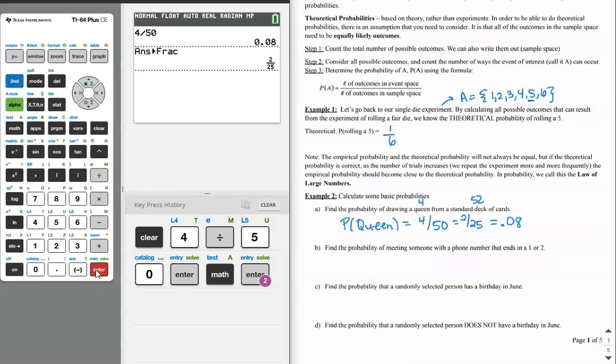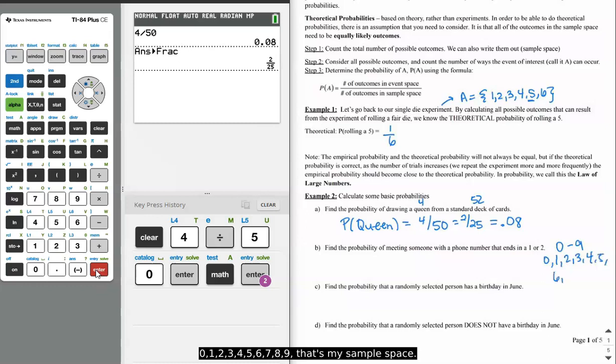All right, it then says, find the probability of meeting someone with a phone number that ends in a 1 or a 2. So let's think about the possible numbers. It could be 0 through 9. If I listed them out, 0, 1, 2, 3, 4, 5, 6, 7, 8, 9, that's my sample space.